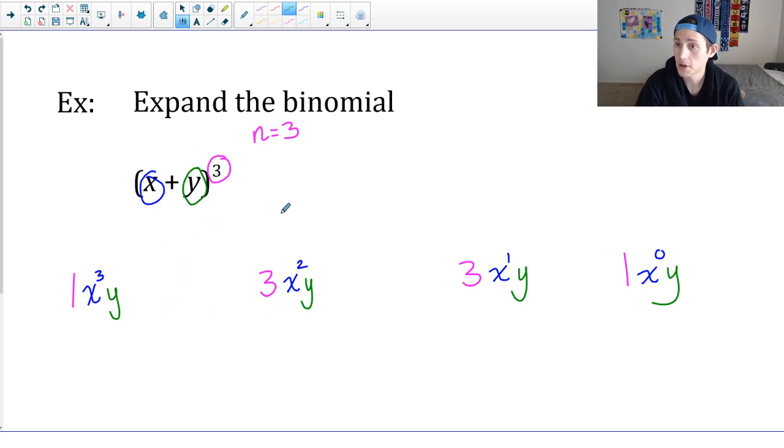And the other term is going to go backwards, basically. Instead of starting at 3 and ending at 0, the other term is going to start at 0 and then go up to 1, then 2, and then 3. And lastly, these are just all added together. Plus, plus, plus.